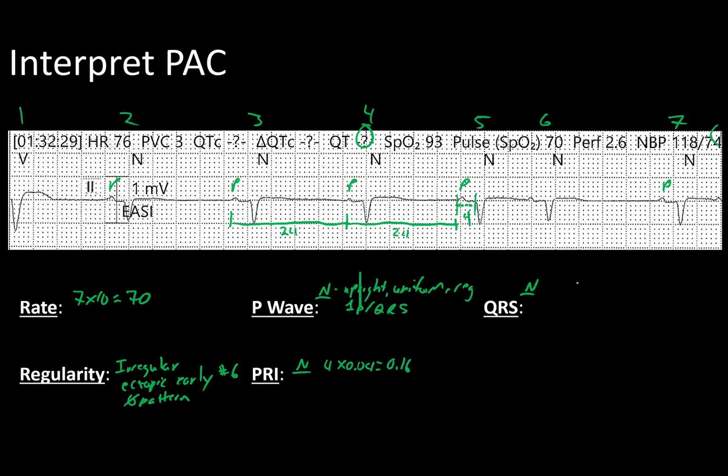And last but not least, our QRSs, they are uniform. And they have a QS pattern. And what is my QRS width? So it's about right here to here. 1, 2, 3.